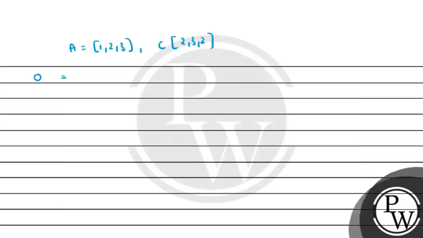After applying the midpoint formula, let's say the points are x1, y1, z1 and x2, y2, z2. The formula of midpoint is (x1 plus x2) upon 2, (y1 plus y2) upon 2, and (z1 plus z2) upon 2.